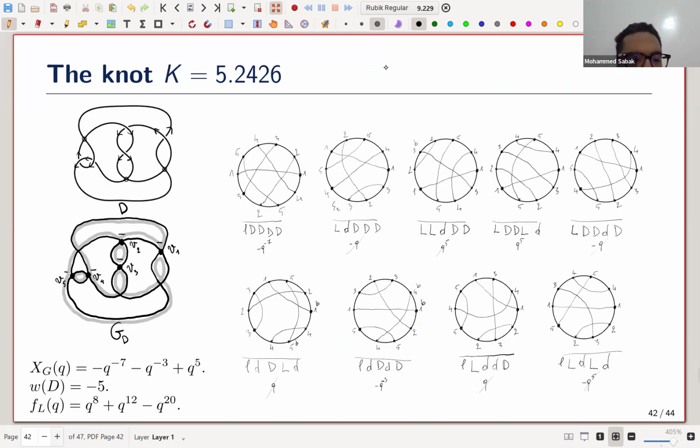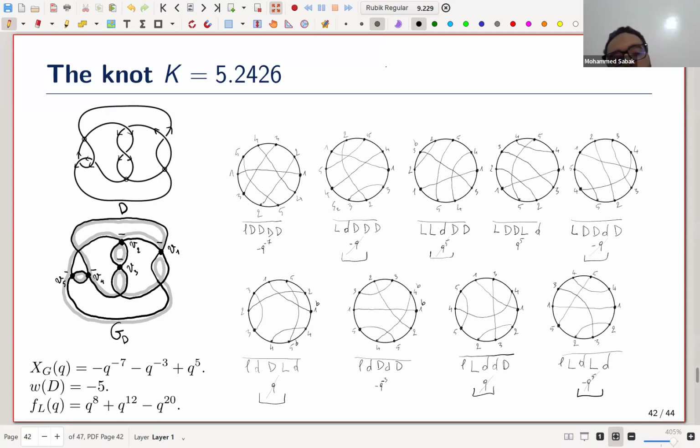Here I have computed this polynomial using our approach. As you can see, there is some cancellation of monomials that come from different Euler circuits. Here I have minus q, here I have q, here I have q to the power of 5, here I have minus q to the power of 5, I have minus q, here I have q.